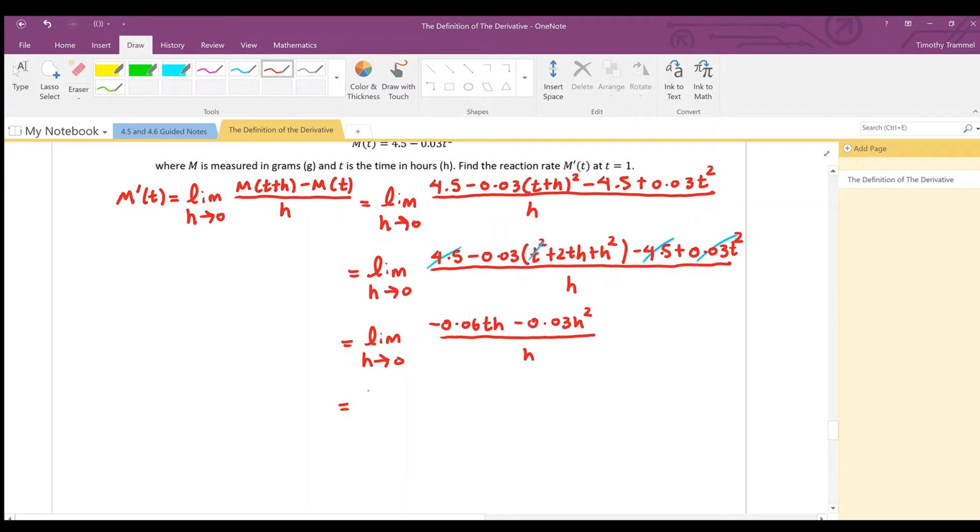And then this is equal to the limit as h approaches 0. And right, we could factor an h out of the numerator here. Let's actually do that in this step right here. So if I factored an h out of this, I would lose this h. This would just become an h. And then this is all times h.